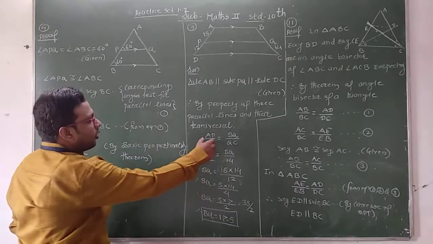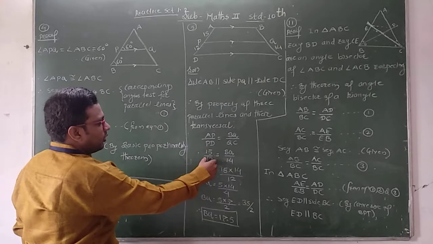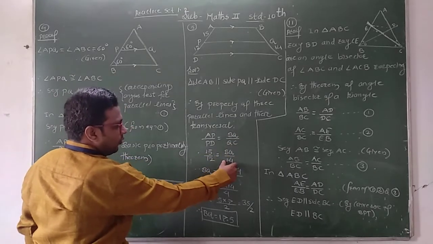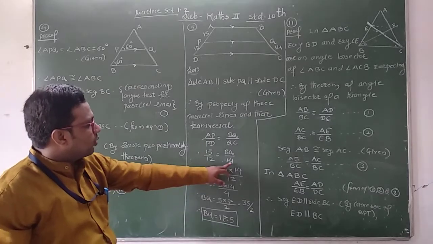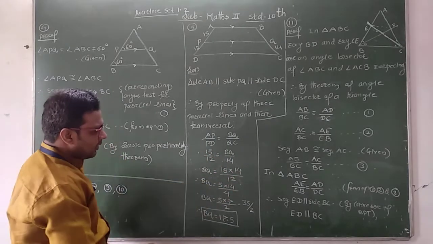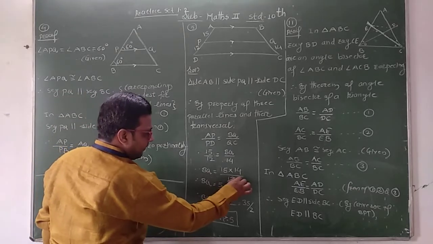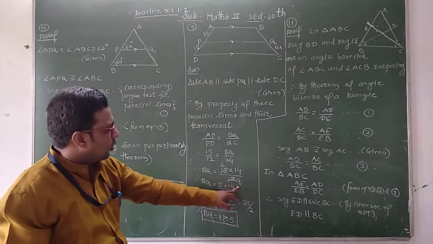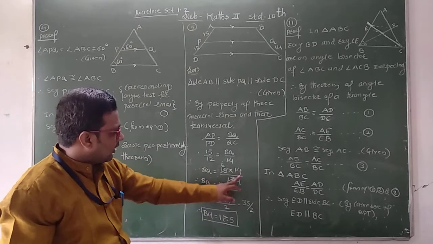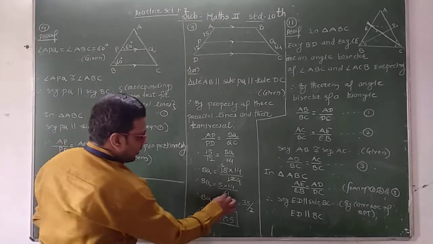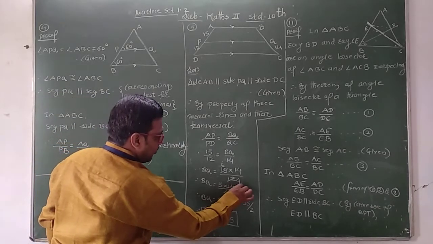Then here we put the value of AP equal to 15, PD equal to 12, BQ as it is, that we have to find out, QC equal to 14. Then BQ is equal to, by cross multiplication, 15 into 14 upon 12. Then 3 fours are 12, 3 fives are 15. Now what is remaining here? 5 into 14 in the numerator and 4 in the denominator. Then 2 twos are 4, 2 sevens are 14.